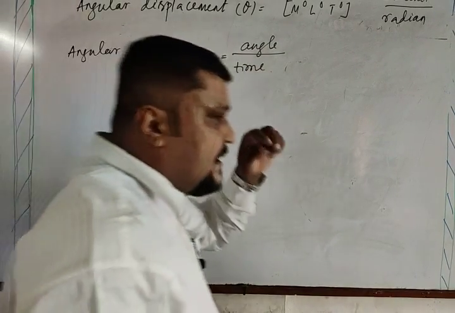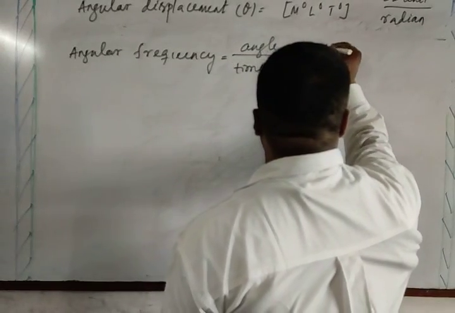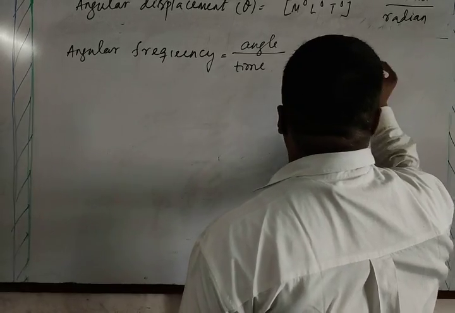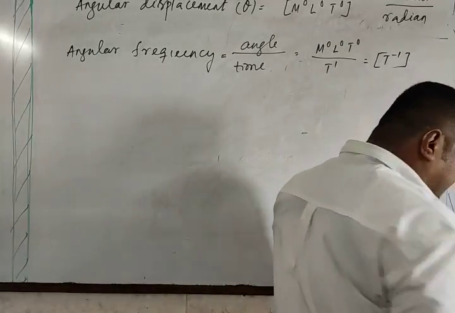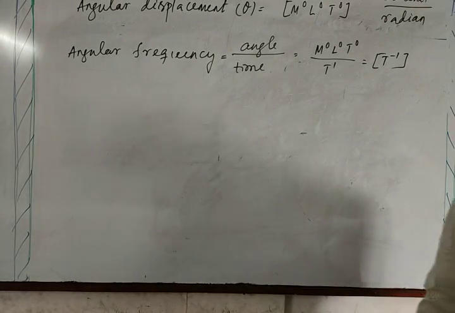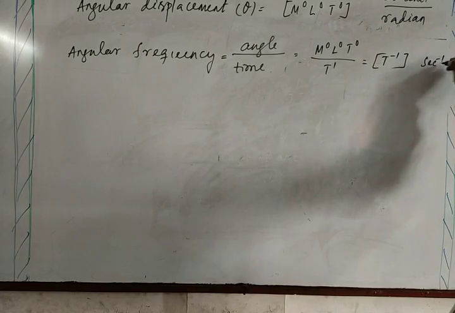If you consider time, angle by time is the angular frequency, and if you write M0 L0 T0 divided by time, which is T1, so this is equal to T minus 1. Right? So this is the T minus 1, and this T minus 1 means the SI unit is second minus 1.